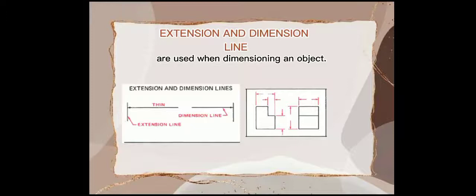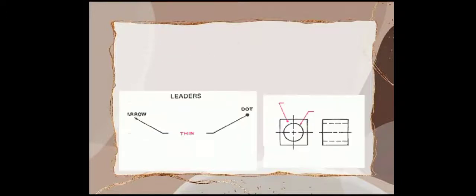It is a light line that extends from the edge or end of a main object line on a drawing. And the dimension line shows the size of an object. It is a thin and dark line used to show the size span of an object.